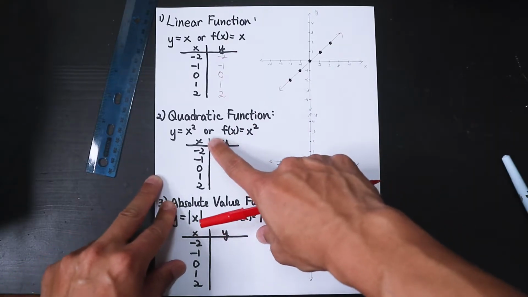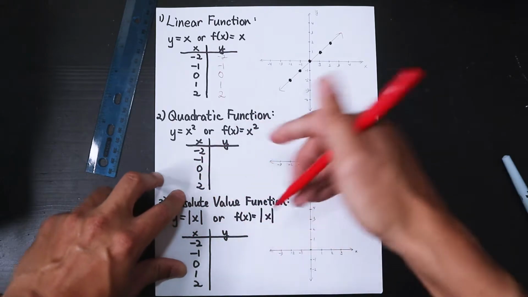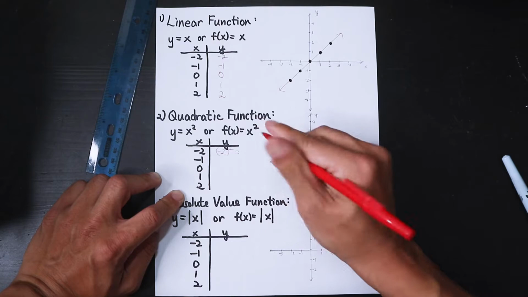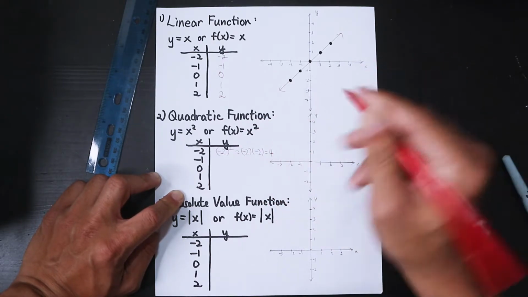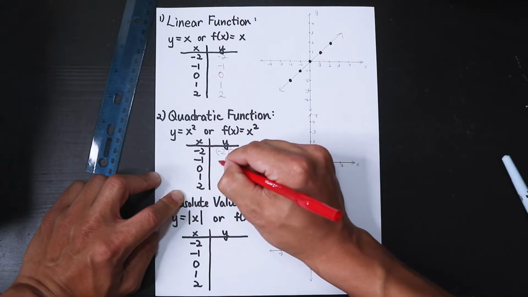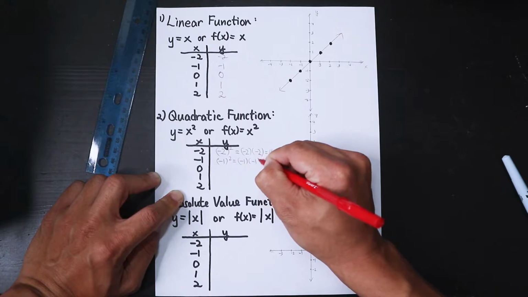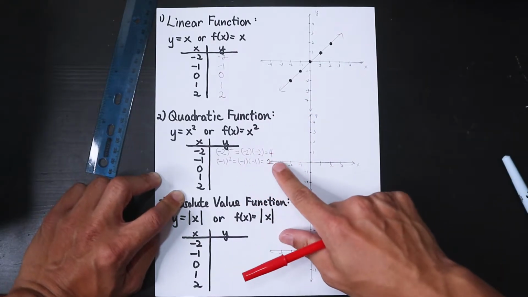Quadratics says that whatever x you have, you multiply by itself. So when x is -2, you're going to do -2 times -2. So -2 squared is -2 times -2, which is +4. When x is -1, you raise -1 to the second power, which is -1 times -1. And remember, a negative times a negative is positive, so that's 1.